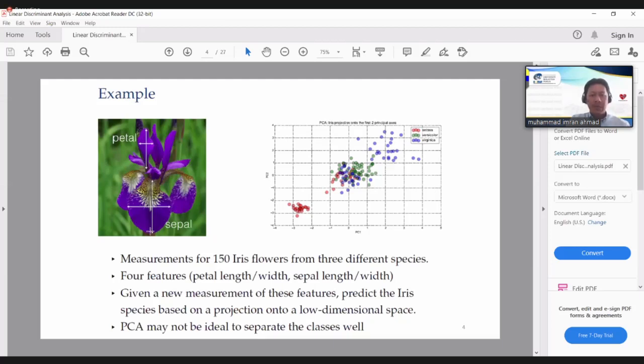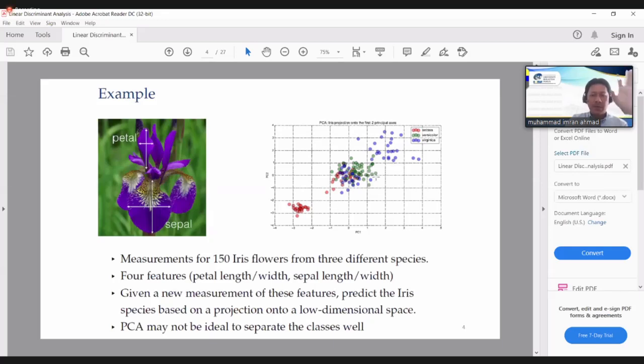From these 4 features, you apply PCA that we studied last week. We keep the highest 2 eigenvectors, which gives principal component 1 and principal component 2. From 4, we reduce to 2, and then plot these 2 in feature space like this.